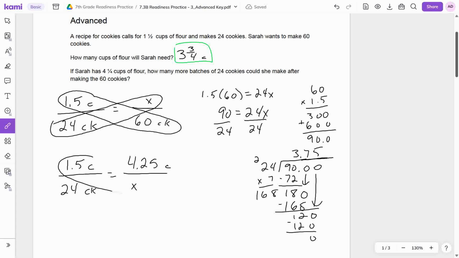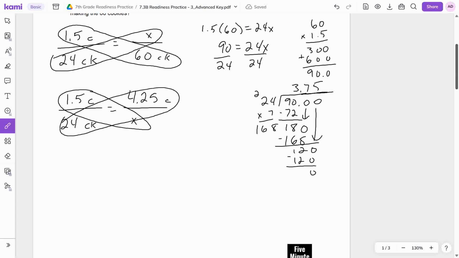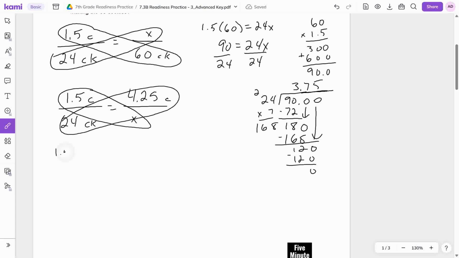So let's do some cross multiplication here. We can do that same thing. So 1.5x is going to equal the 24 times the 4.25. So let's see what that's going to be. 4.25 times 24.